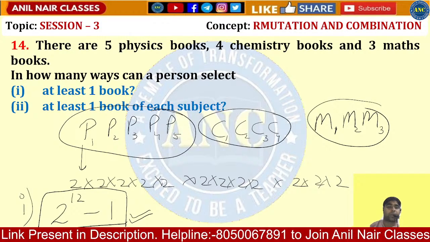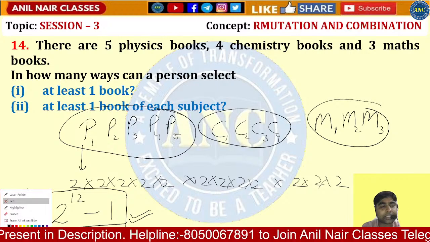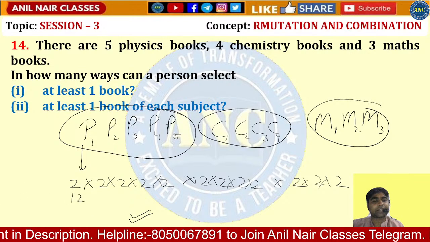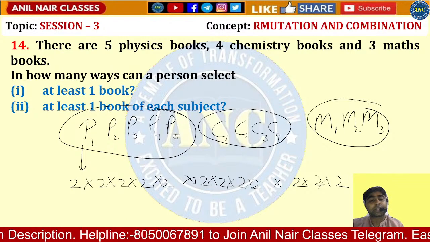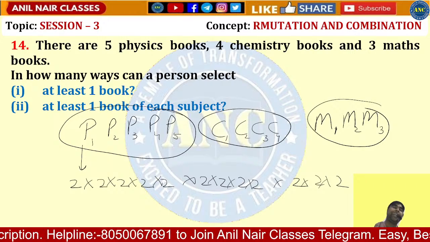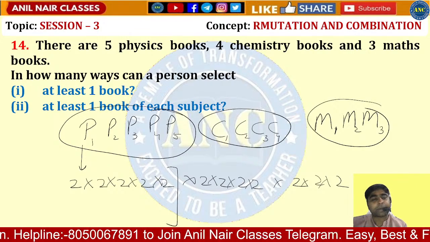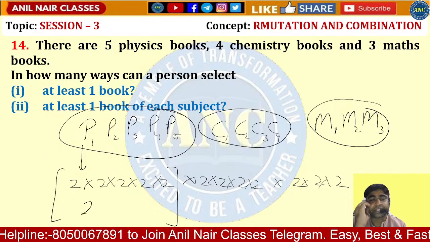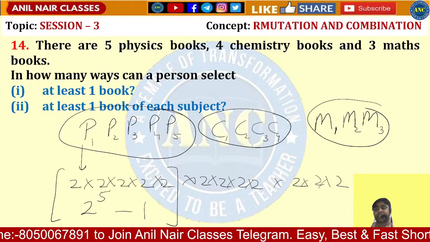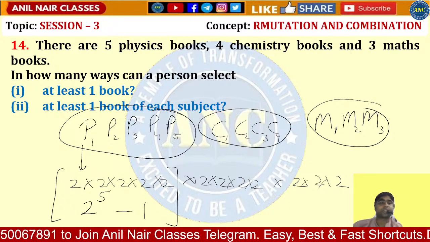Now if it had said, in the second part, that I need to choose at least one book of each subject, then what would become my answer? 2 to the power of 5 options I have here, minus 1 individually, because I needed to choose one book from physics also.